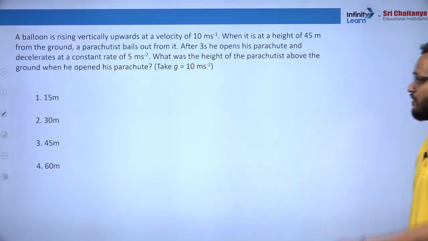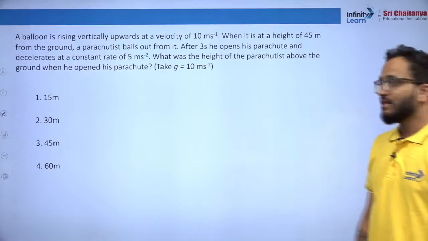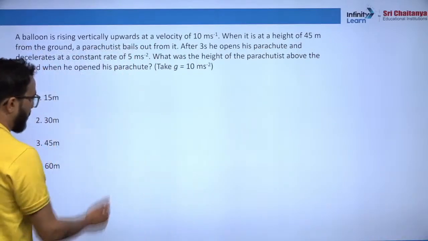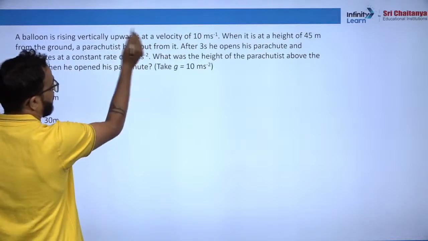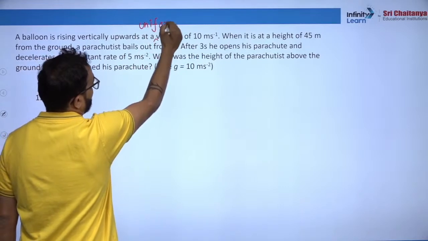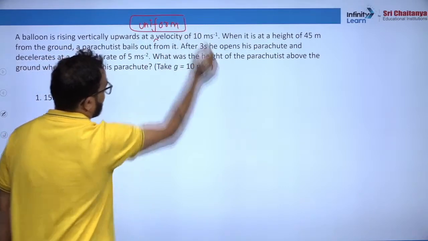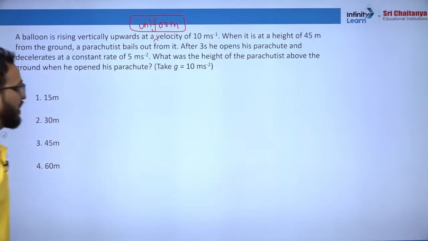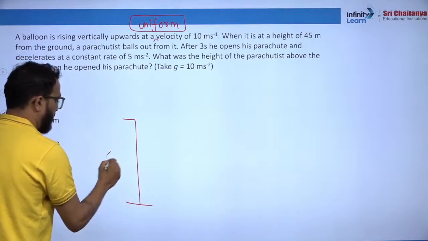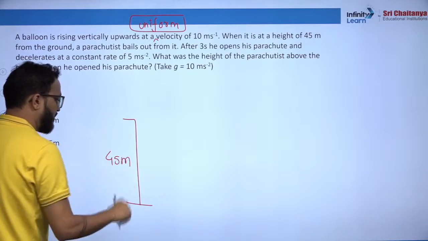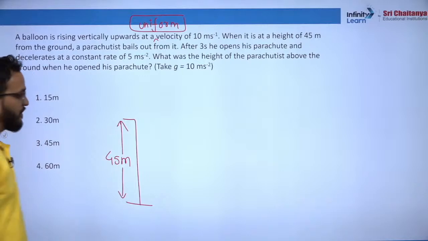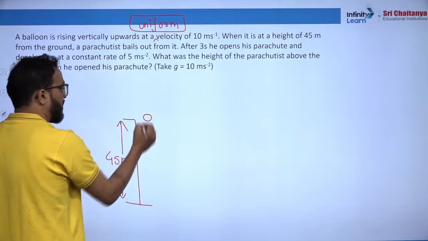Very simple question, very simple solution. A balloon is rising vertically upwards at a velocity of 10 meter per second. I should say a uniform velocity, this will complete the statement properly. That means it is not accelerated, it's moving up with a uniform velocity. And when it is at a height of 45 meters, a parachutist bails out.